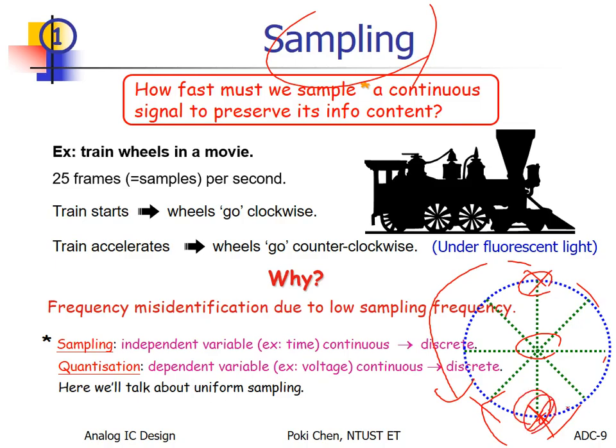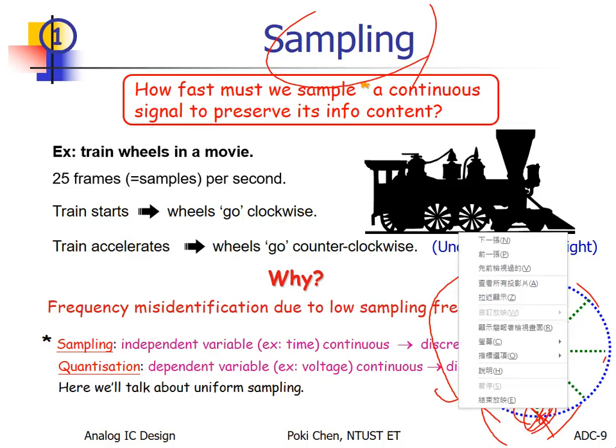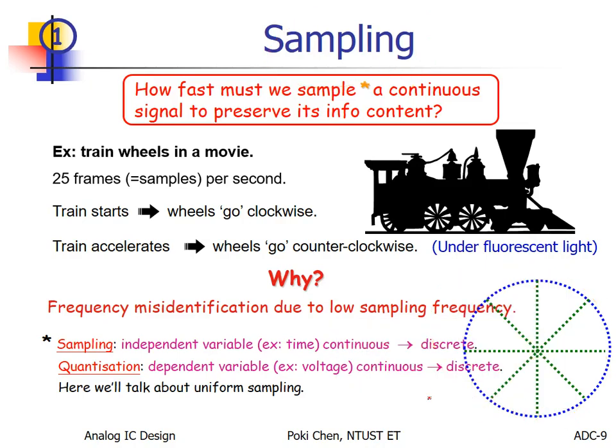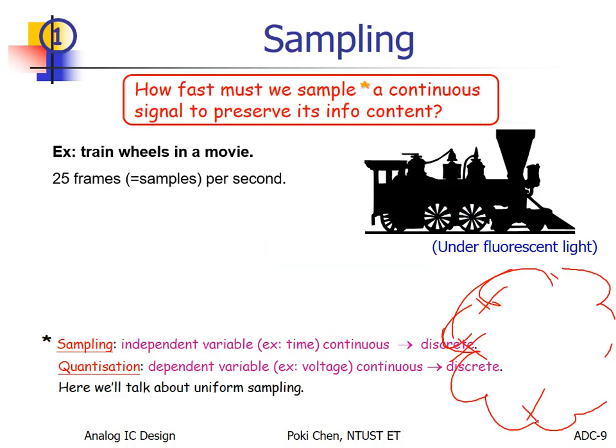And if you drive your train even faster, here, reverse counterclockwise, or even further here, you can see after interpretation, the frequency of such kind of rotation is even slower, smaller. And this is the so-called aliasing error.